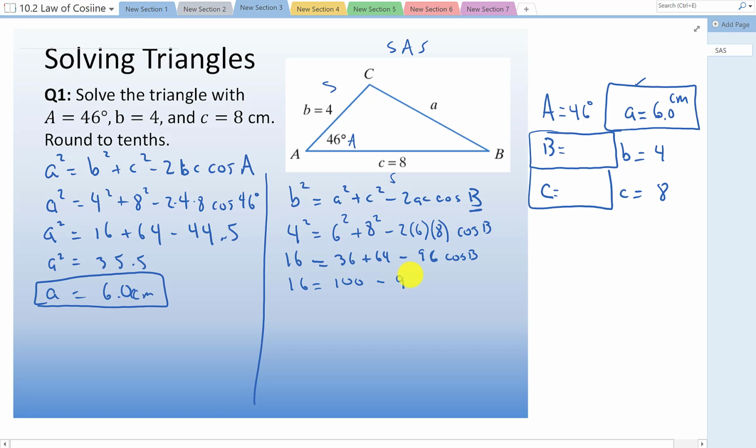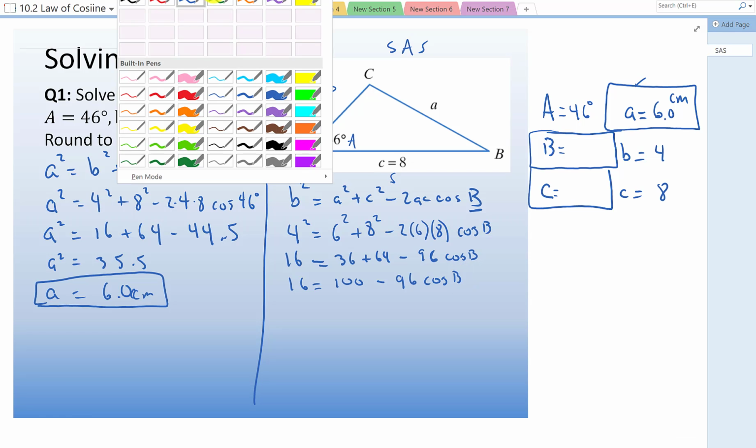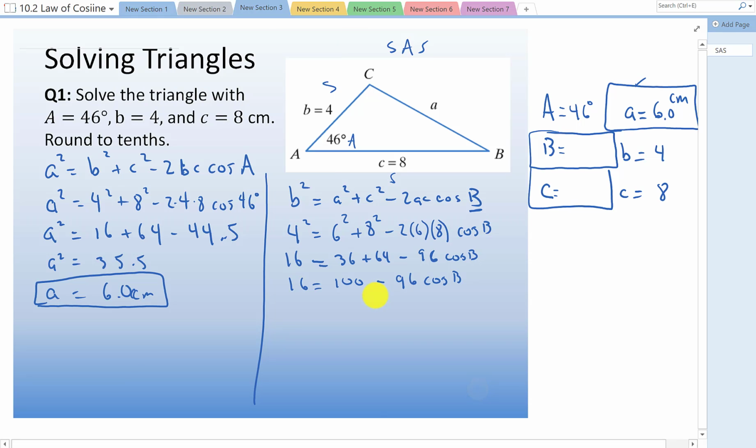Okay, so let's get cosine by itself so we can solve it. So I'm going to add 96 cosine B to both sides, but I'm also going to minus the 16 from both sides.